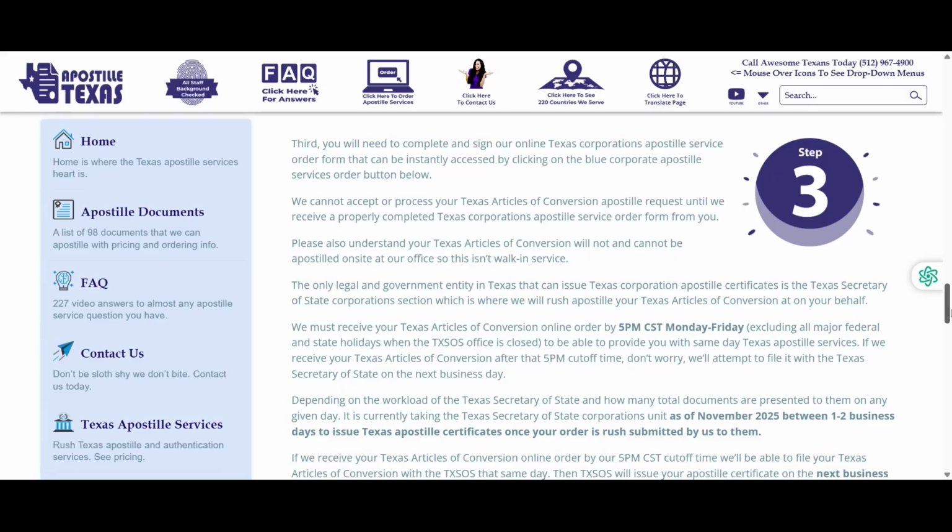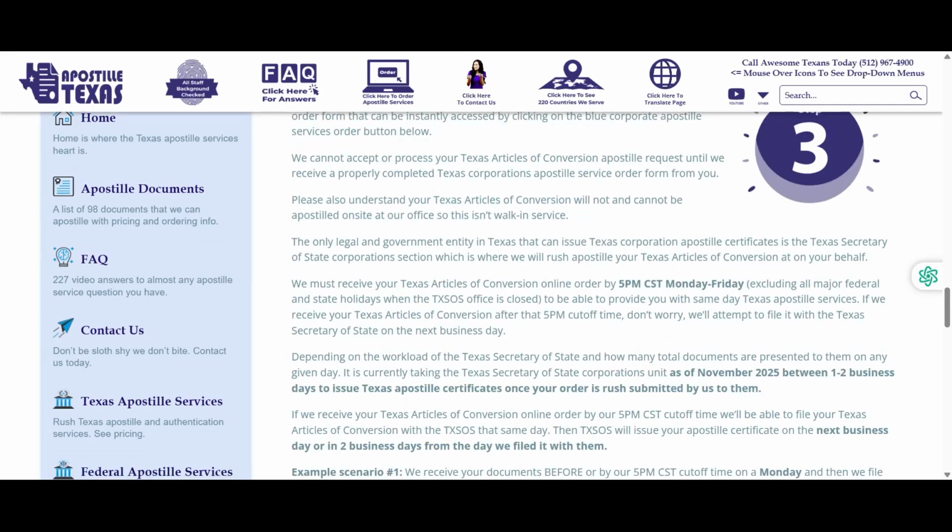All right. So if you order online from us and we get it by 5 o'clock, Monday through Friday, 5 o'clock Central Standard Time, excluding all major and state holidays or when the Secretary of State is open. They're closed on a lot of days that aren't federal or state holidays, just so you know. Like they were closed the Monday after 4th of July, when 4th of July was on a Friday. Monday was not a federal or state holiday.